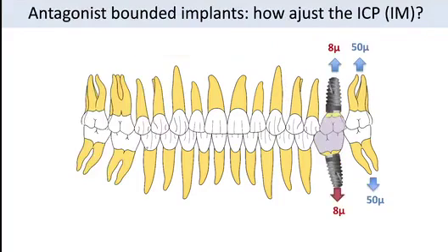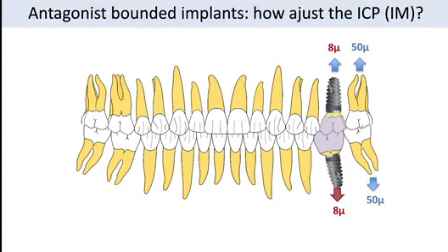In fact, the question of the integration in the ICP is only when you have single implants in antagonist, without natural teeth on the anterior part and the posterior part.